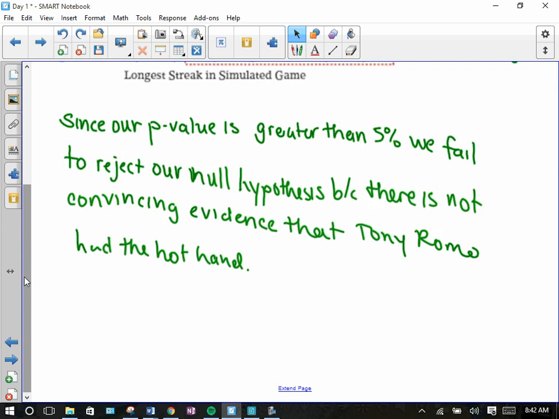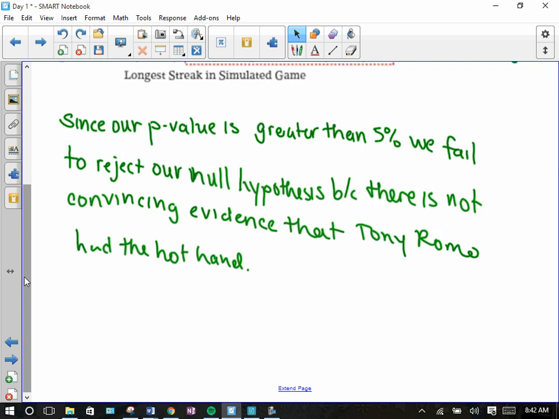So we cannot reject our null hypothesis. What we can say here is that it is a possibility that his streak of 9 completions was just due to random chance.